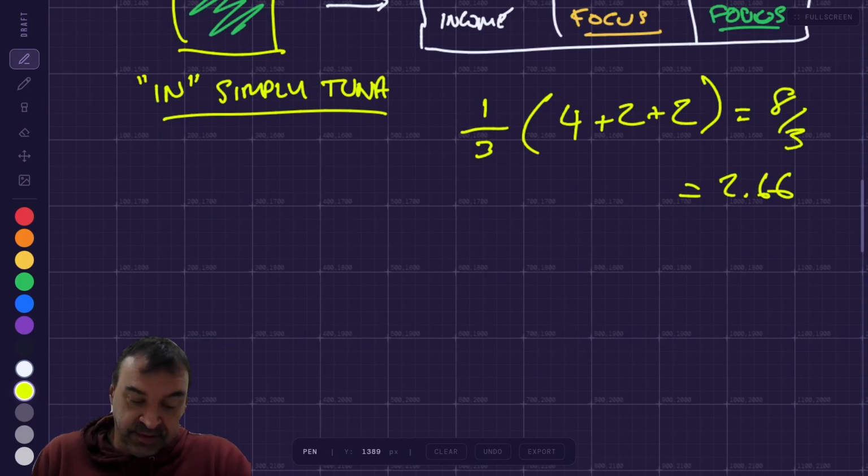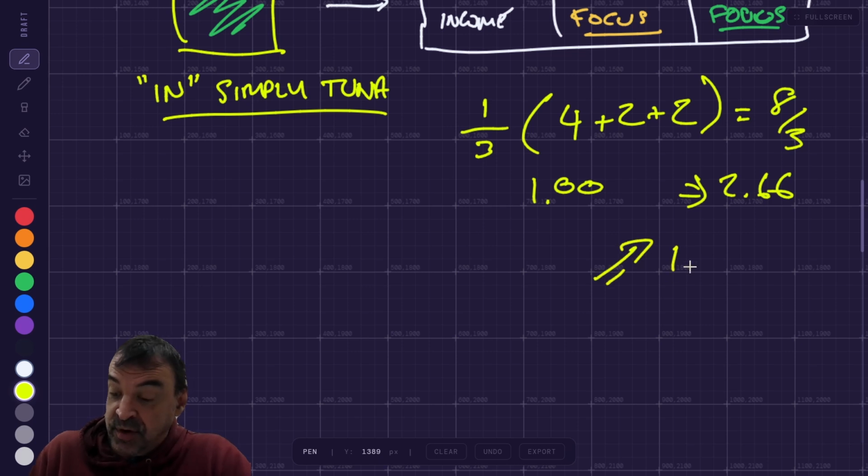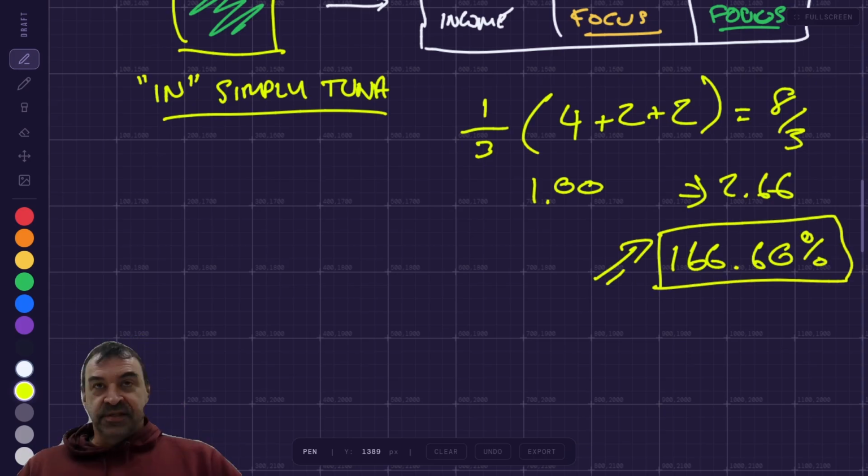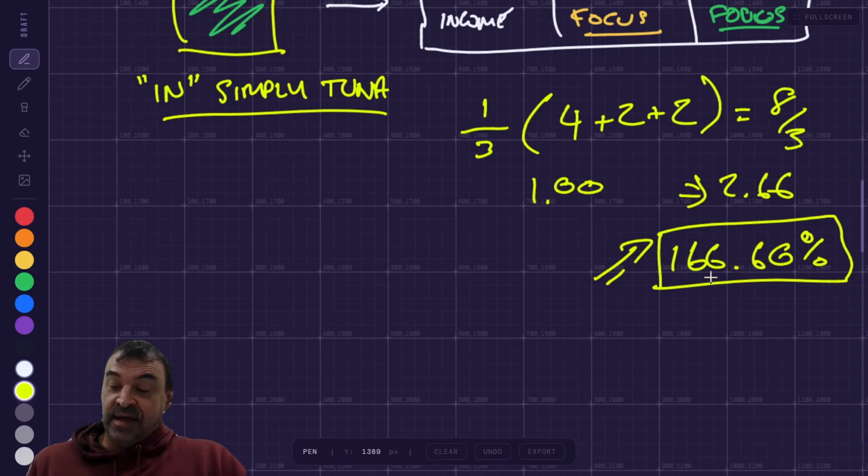You would have had 1.0 and it got transformed into 2.6, which means we should be increasing sales by 166.66%. It's never going to be that good. It's going to be less. There are people who are not going to move. So at least from a theoretical position, so long as the psychological profiling of the customers holds, we're looking at increasing our sales by 166% on this campaign.